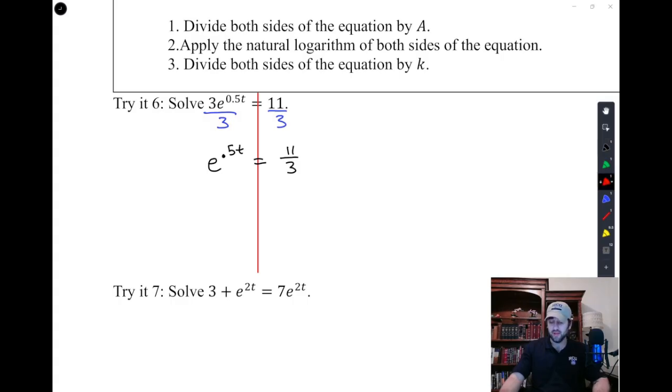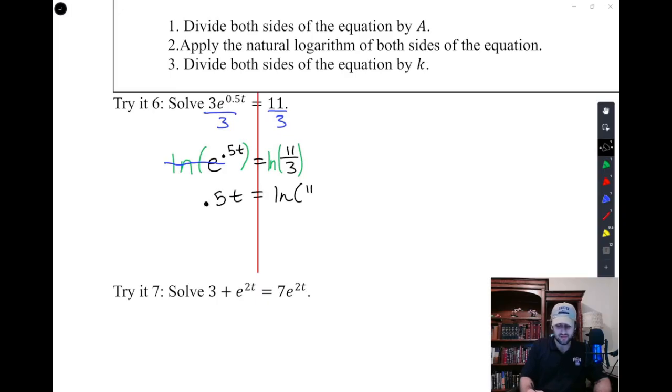So here's the trick. The way that we get rid of the e, and the way that you get rid of any base, is you log it with that base. So if I want to get rid of this e, I'm going to natural log both sides. What that does is it allows me to draw a line through the natural log of e, and all I'm left with on this side is 0.5t equals the ln of 11 over 3, and then you're home free like you're in section 2.